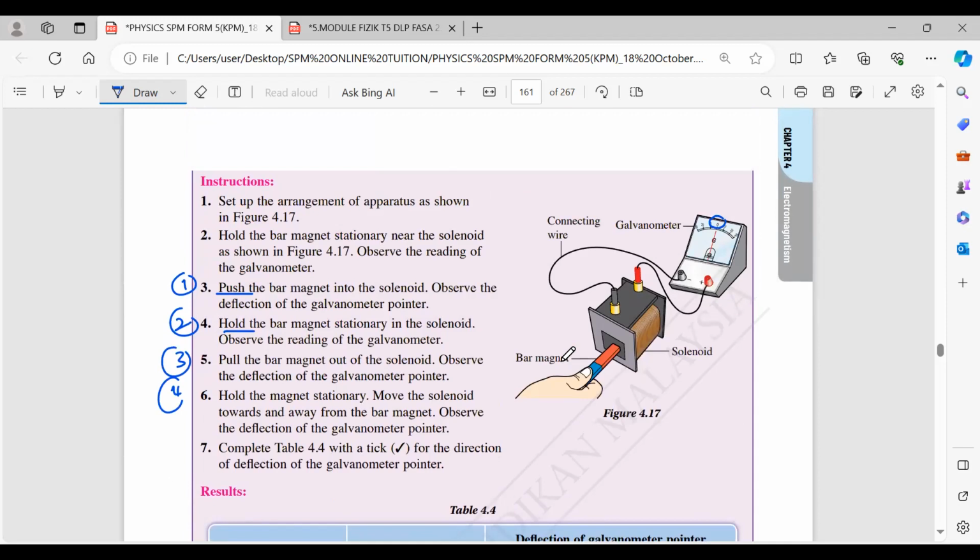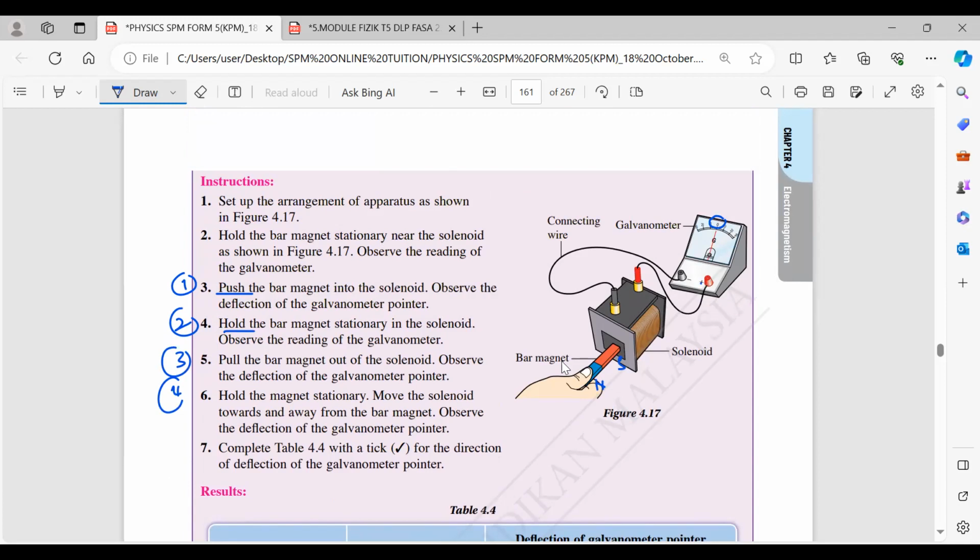Here the polarity: this is your positive, so negative. This is my blue, so red. I have the north pole here, south pole here.